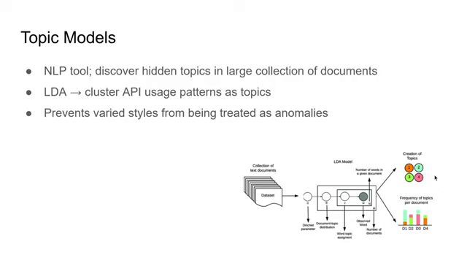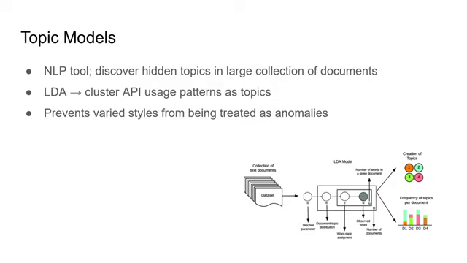So now I'll explain the whole topic model RNN thing. Topic models are a tool that you'll find a lot in natural language processing, so using ML to analyze text. It's a model which allows you to discover hidden topics or features from large collections of documents. In this case, for the paper, they use something called latent Dirichlet allocation, which is its own topic model.